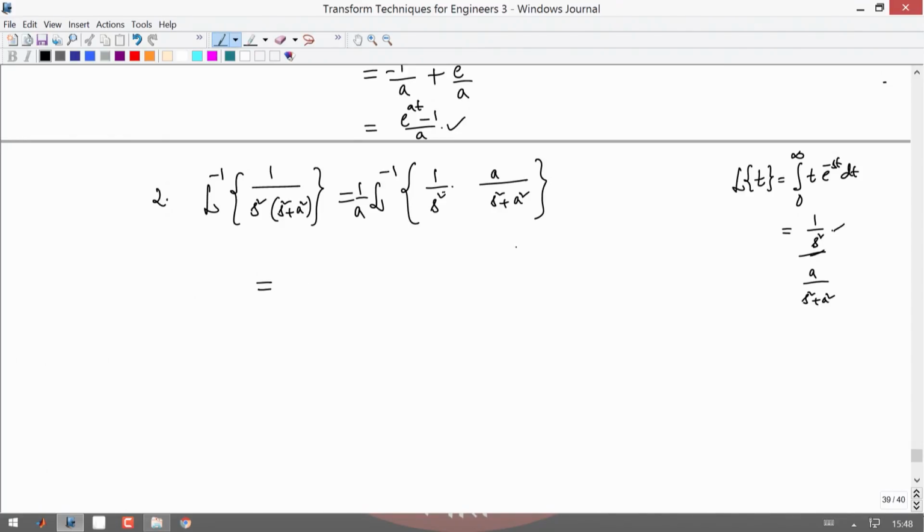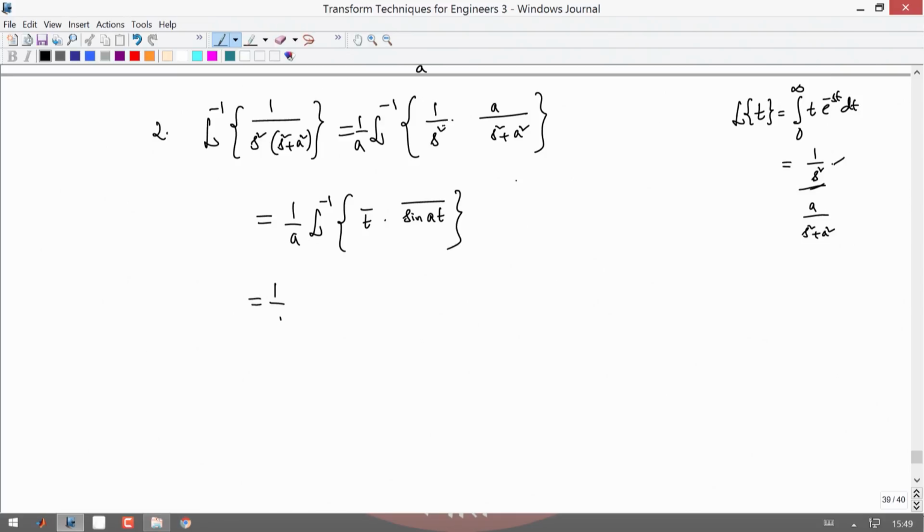So, this is equal to 1 by a times the inversion, where 1 by s square is the Laplace transform of t, multiplied with the Laplace transform of sin a t. This is nothing but 1 by a times the convolution of t and sin a t, integral 0 to t of tau sin a times (t minus tau) d tau.